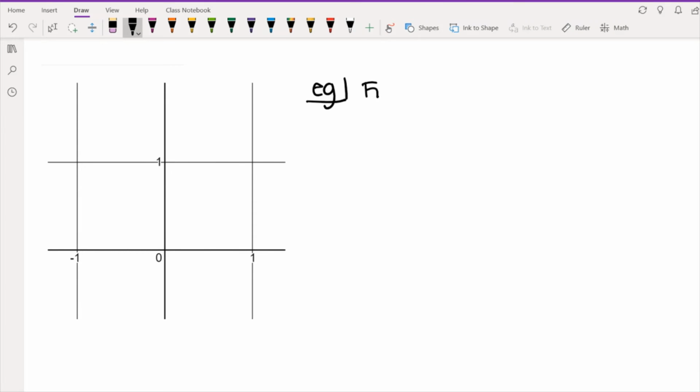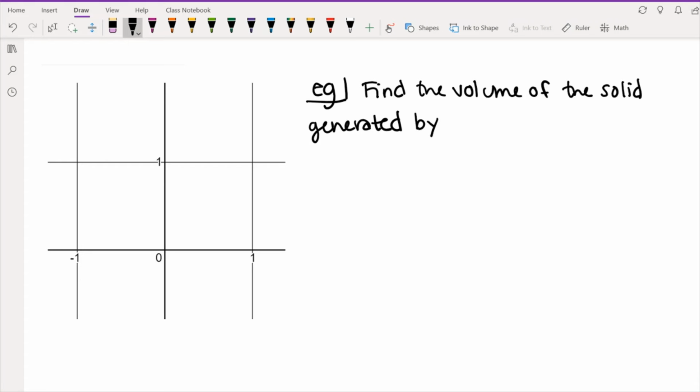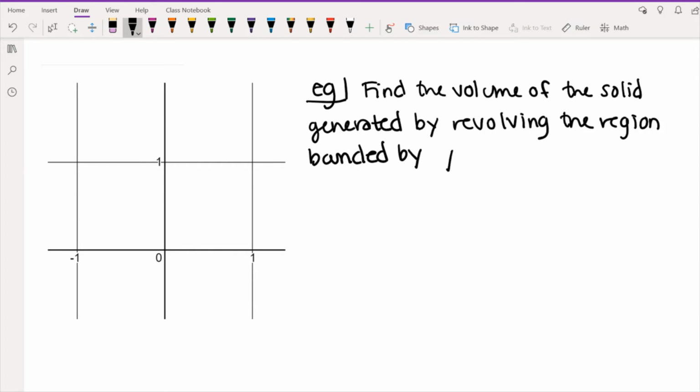So we're going to find the volume generated by revolving the region bounded by, so this time we're going to do y is equal to square root of x, and y is equal to x squared. And we're going to be revolving this about the y-axis.